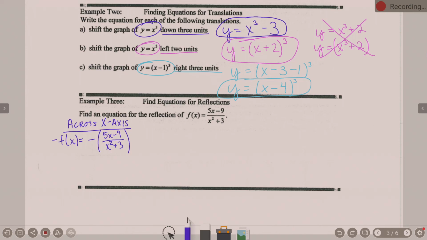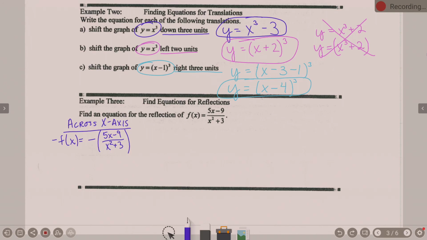I technically would say there's 3 options. We could multiply it into just the denominator, so multiply it by x squared plus 3. Or we could multiply it by just the numerator, which is probably the more typical one. Or, if you keep it right in front of the fraction bar, you could put it out in front of the fraction bar.